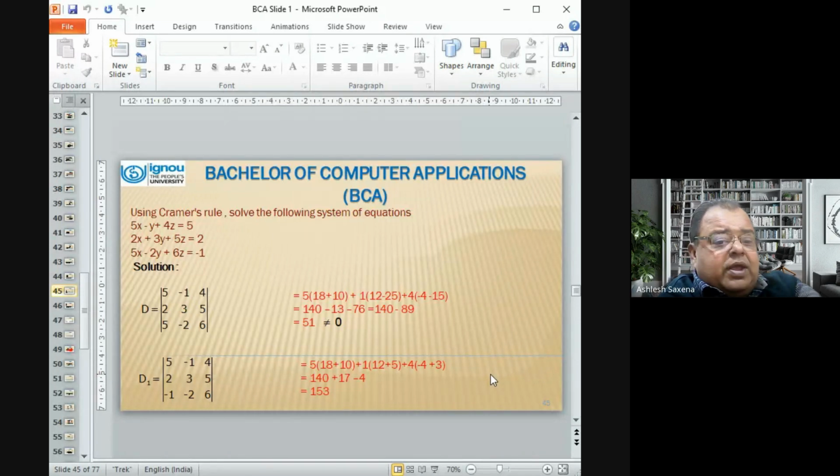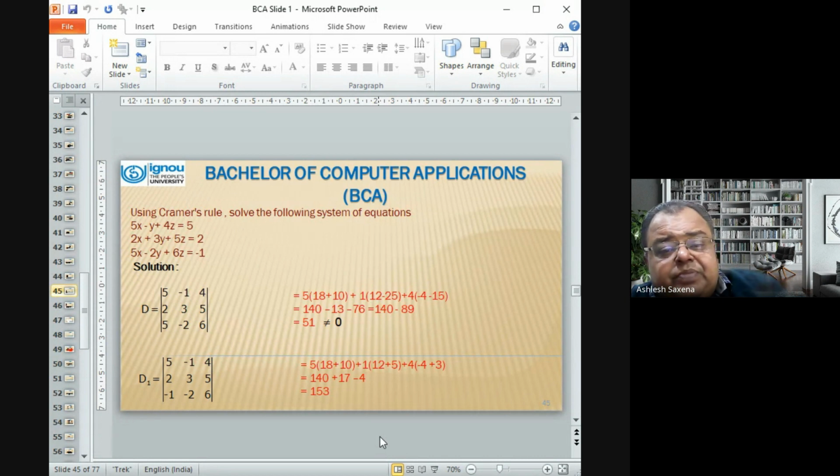Now, moving further, what do we have to do? Replace the coefficients of x by these numbers: 5, 2, minus 1. The rest of the elements remain the same, in the same order. Don't change the order.